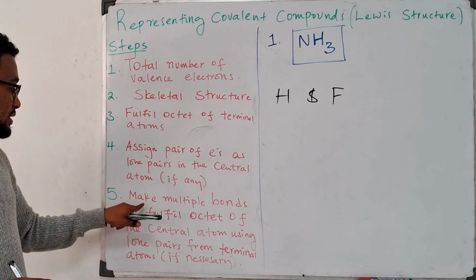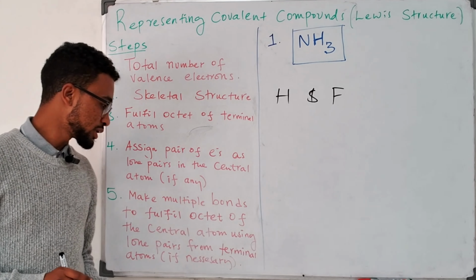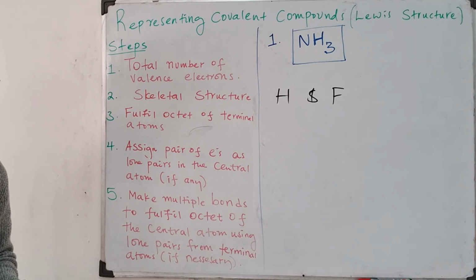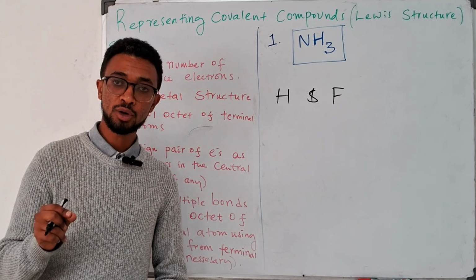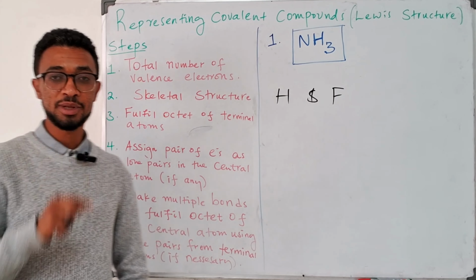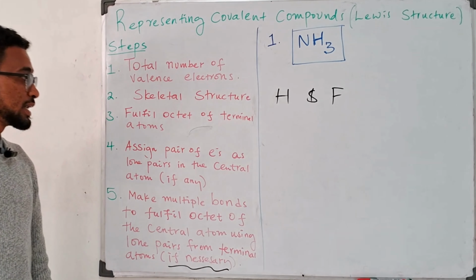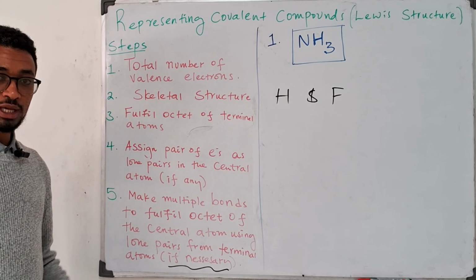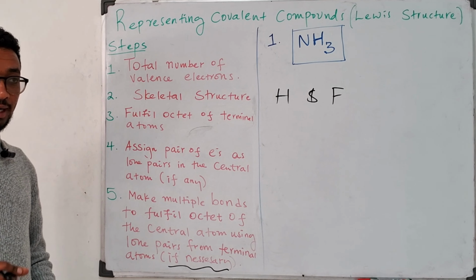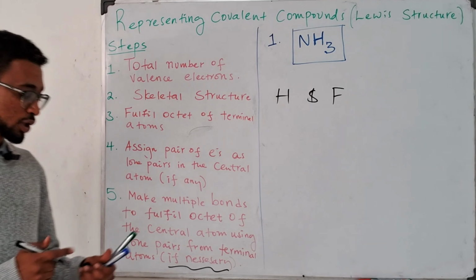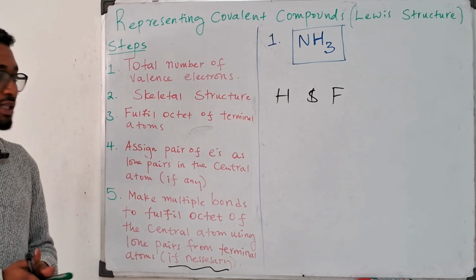The fifth step is to make multiple bonds to fulfill the octet of the central atom using the lone pairs of electrons from the terminal atoms, if necessary. This is not always needed. We do this only if we cannot follow the octet rule without making multiple bonds.